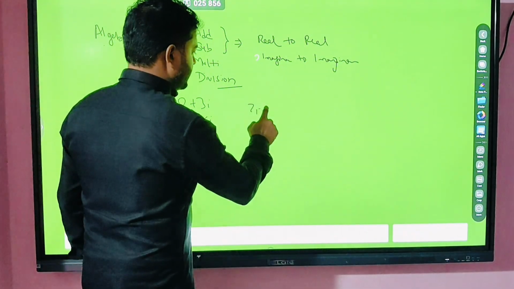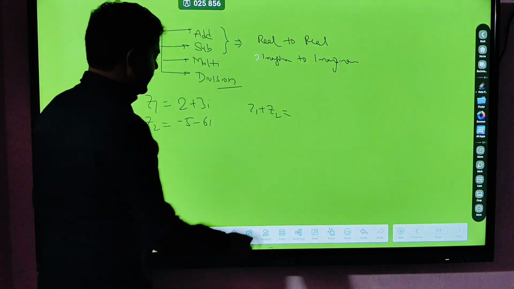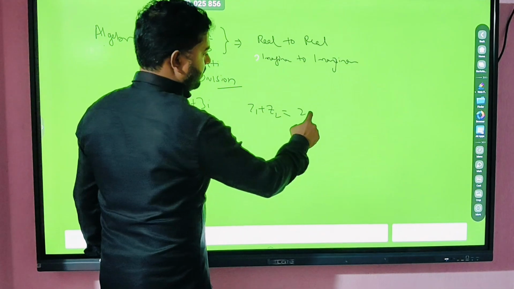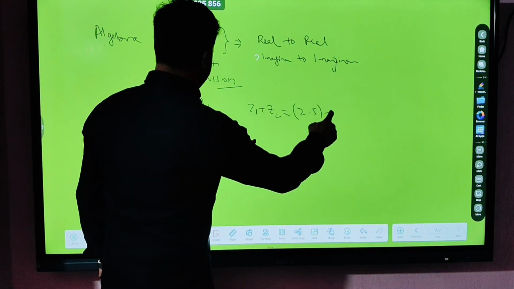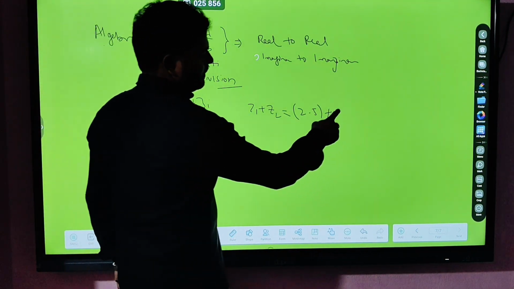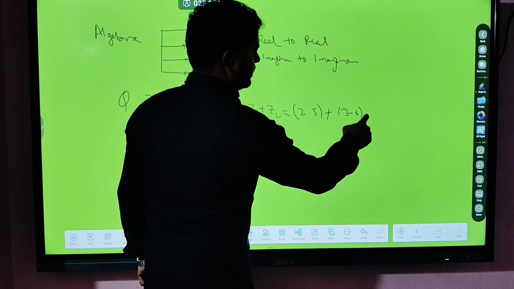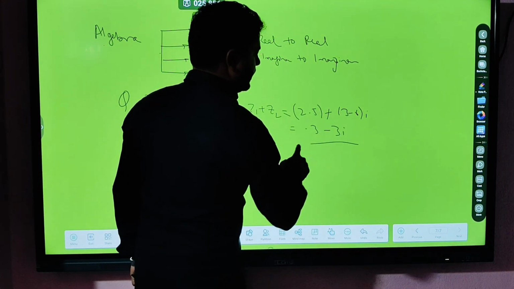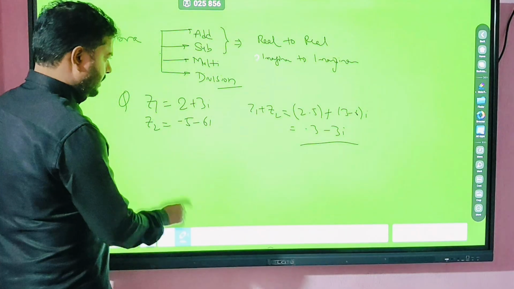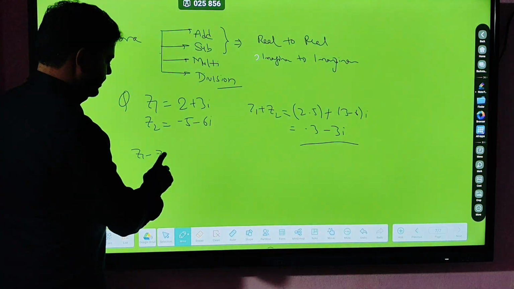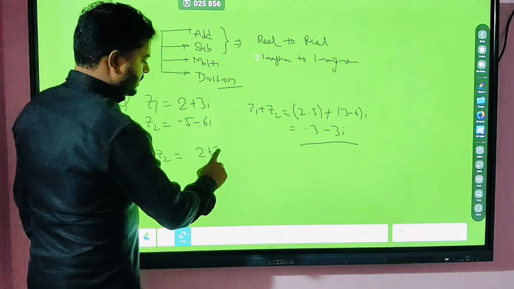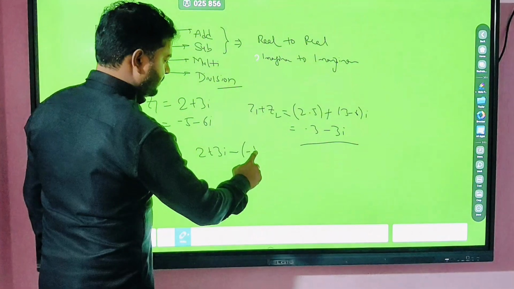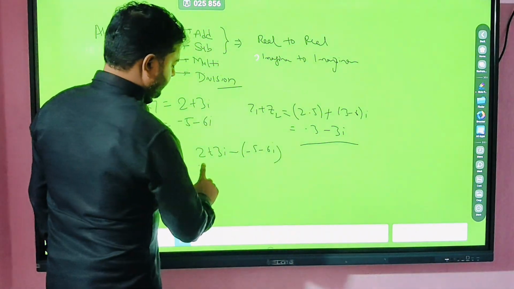Okay, if I have to calculate Z1 plus Z2, then just add real to real. So 2 and minus 5 together, plus 3 and minus 6. So we get 2 minus 5 is minus 3, and here also we get minus 3. So minus 3 minus 3 iota. Okay, if I have to calculate Z1 minus Z2, so it's 2 plus 3 iota minus of minus 5 minus 6 iota.